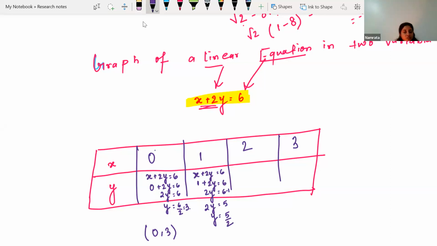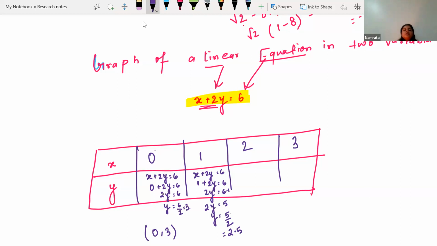Whenever you get such a point in fraction, here 5 by 2, if you convert it to decimal, it will be 2.5, which is possible to locate on the coordinate axis.